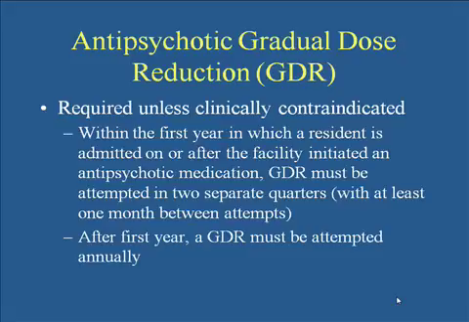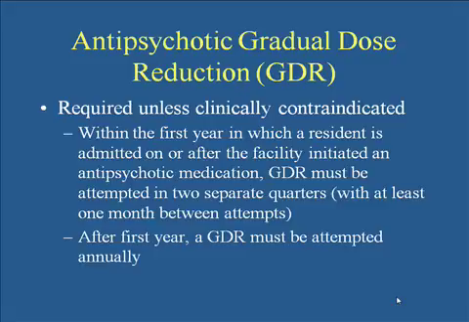But if that GDR, or gradual dose reduction, is not clinically contraindicated, then within the first year in which we start a resident on one of these agents, or they're admitted on one, we need to try a dose reduction on two separate quarters of the year, and we have to wait about a month between attempts.